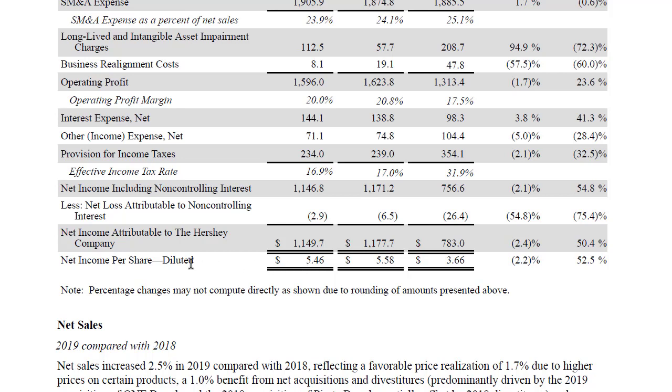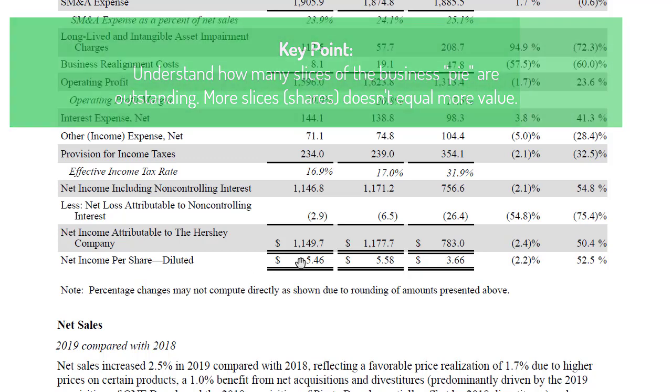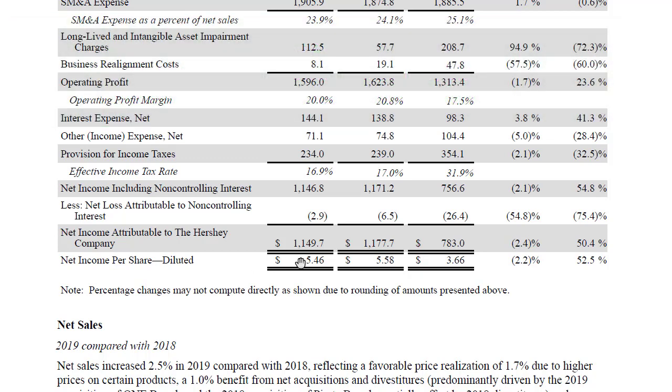Importantly, you should note that this is a diluted number, and we won't get into it in too much detail here, but if there are shares outstanding for options or some other things, the companies usually will have a diluted number here. You might also see a basic, which does not include the options outstanding. But that's the bottom line.